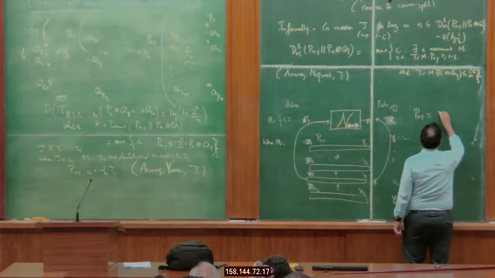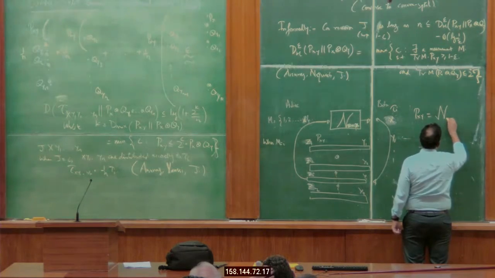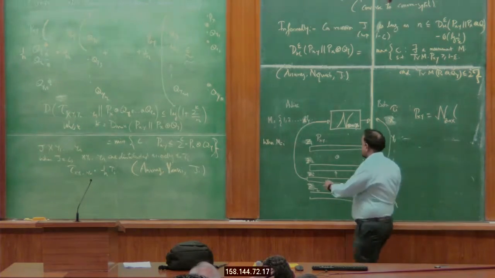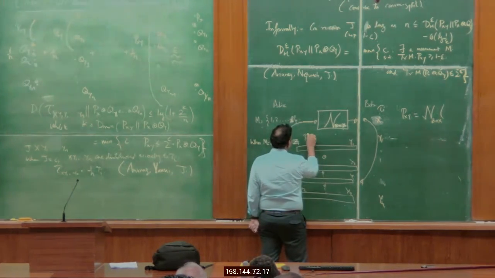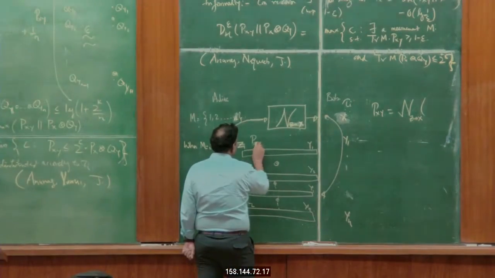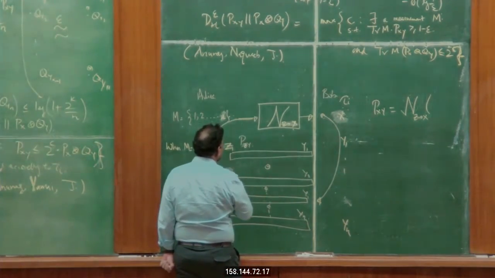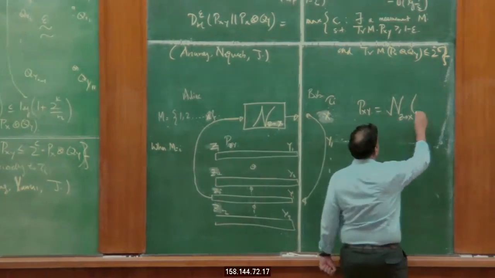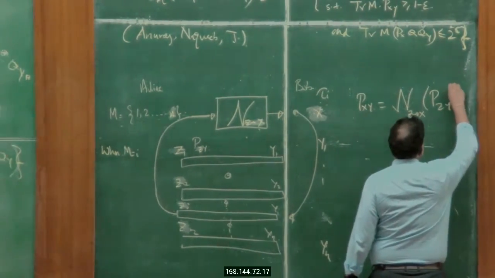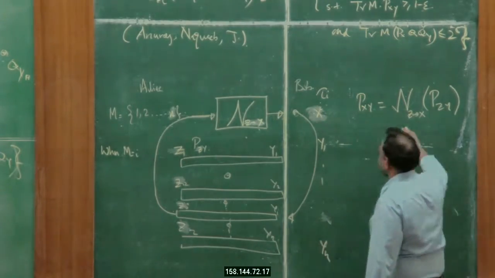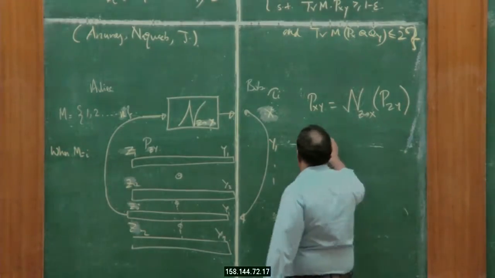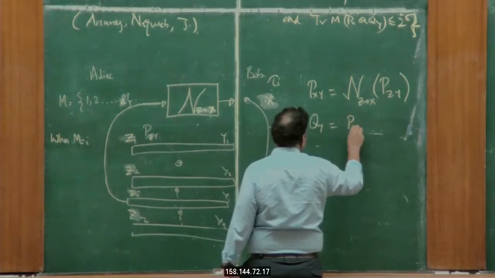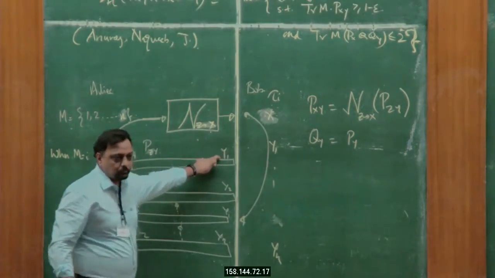Pxy will be essentially the channel acting on, let's call this distribution, oh, we are already calling this Pzy, okay, that's our Pxy in that picture, right? And Qy is of course simply Py coming from here, right?